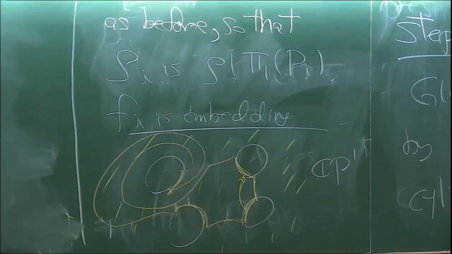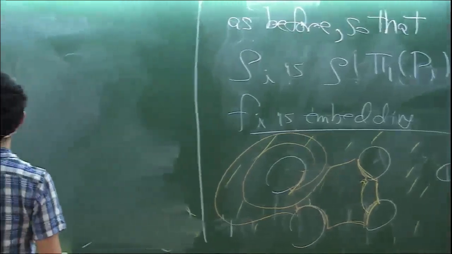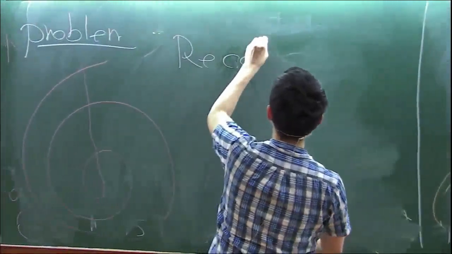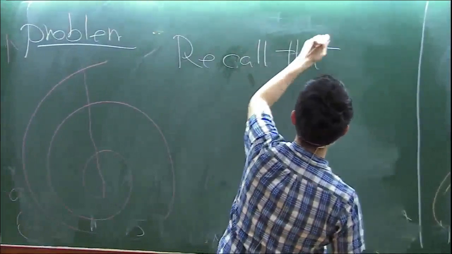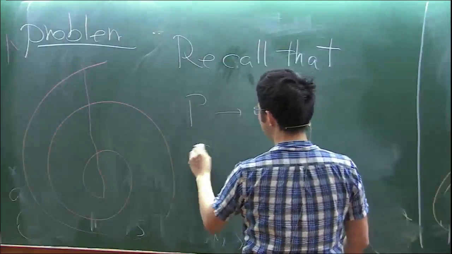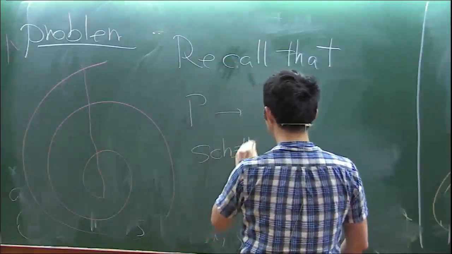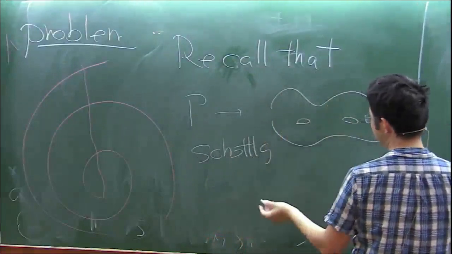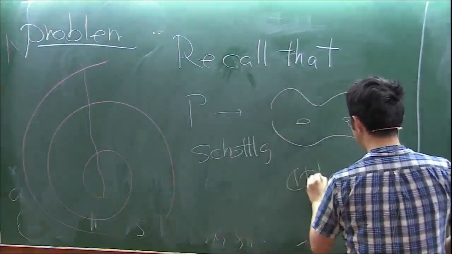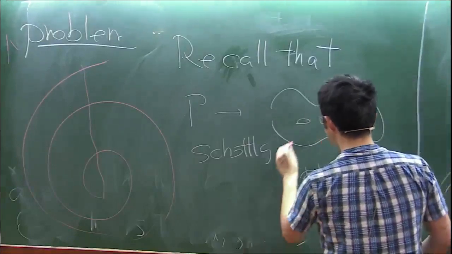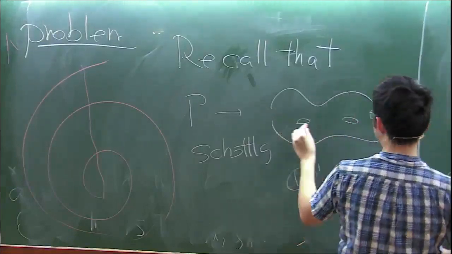So recall, when you take a Schottky group and reconstruct a CP1 structure on a genus 2 surface, the picture is this.